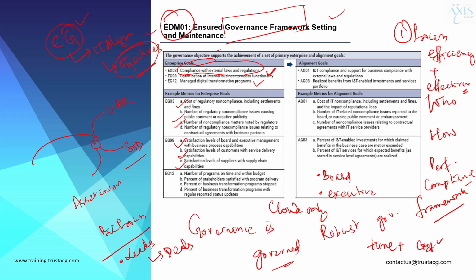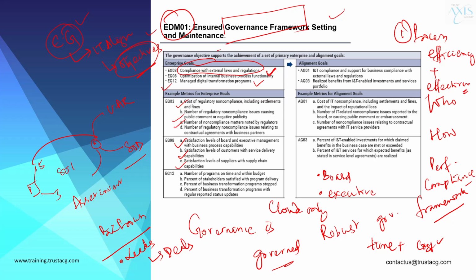Okay. Now, there are multiple metrics here also, which you can leverage to see whether your governance objectives are achieving this particular goal. Like, say, for an example, the percentage of your programs which are delivered on time and on budget. Like, say, you are running five different digital initiatives, of which only four are being delivered on time.